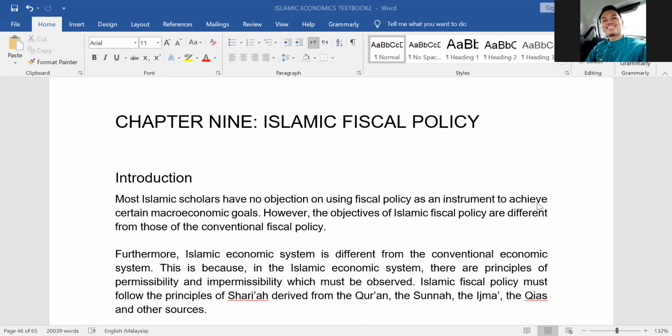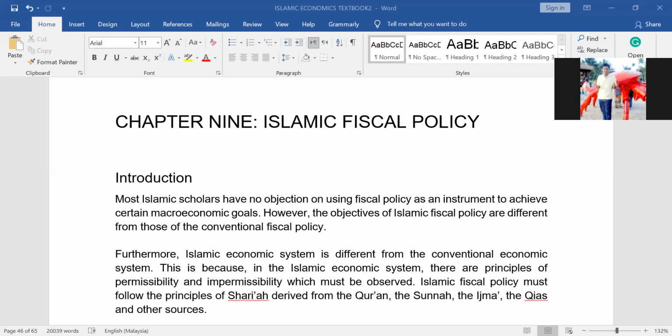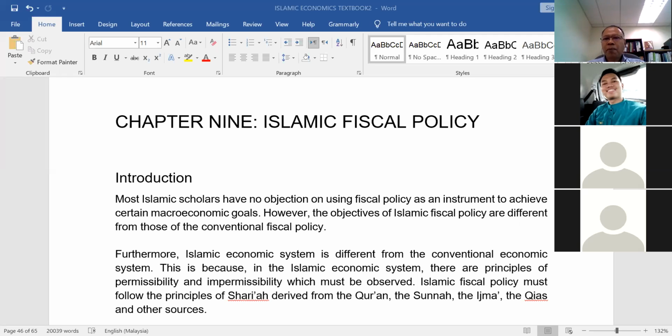Saya dulu belajar ekonomi 7 tahun. Daripada degree sampai master sampai PhD setahun. Buat PhD ekonomi setahun. Kemudian saya tukar PhD kepada bidang kewangan Islam. Sebab saya boring dengan ekonomi.